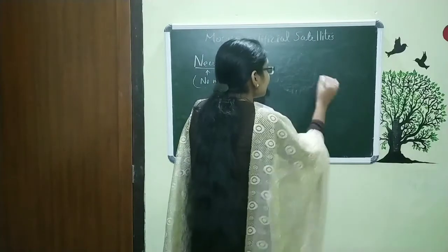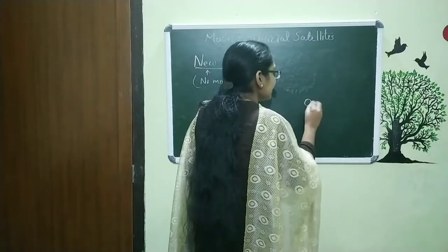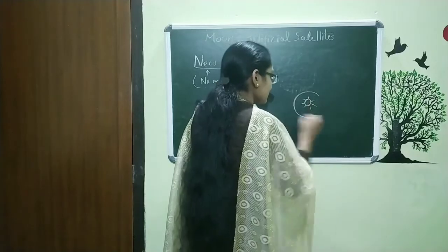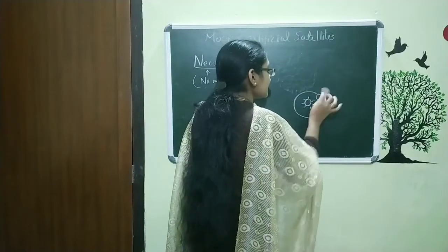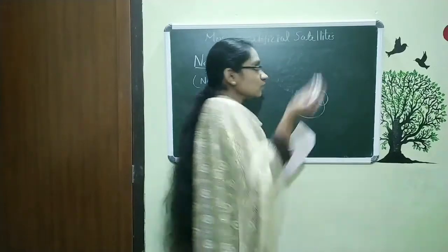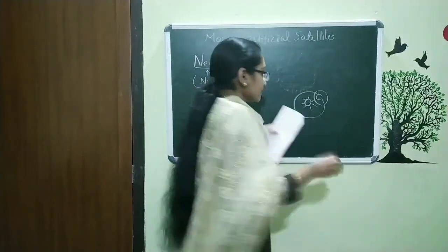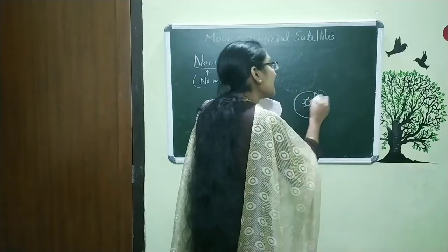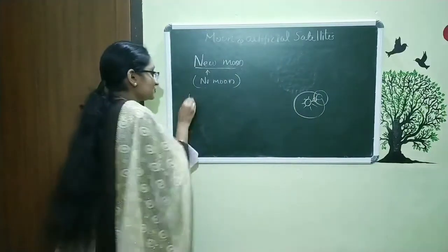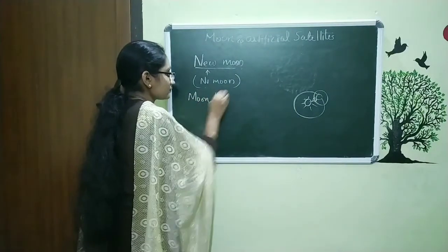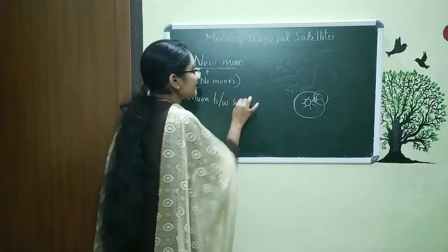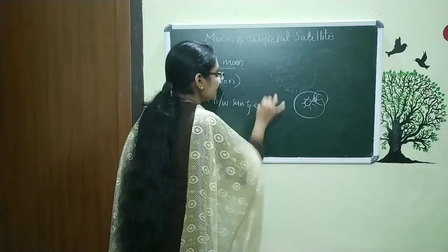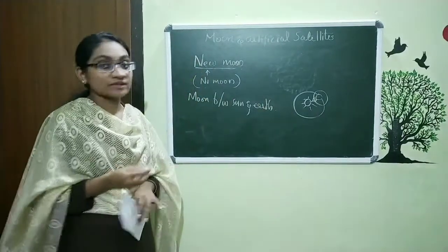Here the thing is this: we know the sun is here, earth is here and moon is revolving around earth. So the moon is between our sun and earth. And this is called what?